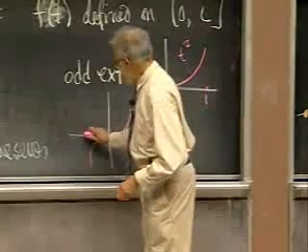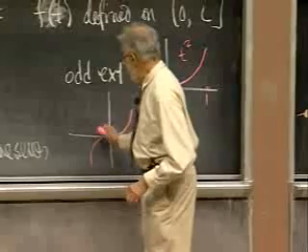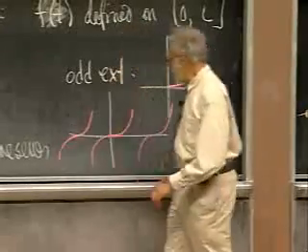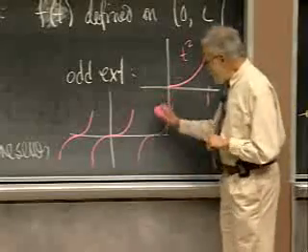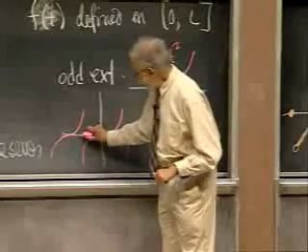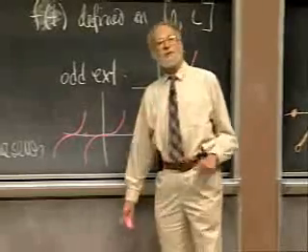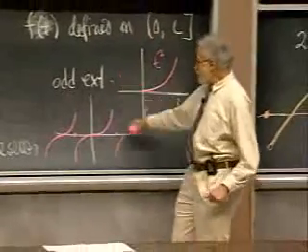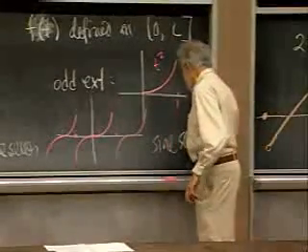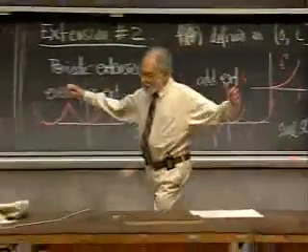So the odd extension is going to be discontinuous in this case. And what's the Fourier series going to converge to? Well, in each case, to the average, to the midpoint of the jump. And the odd extension looks like this, and this will give me a sine series. Okay, you got lots of problems to do.